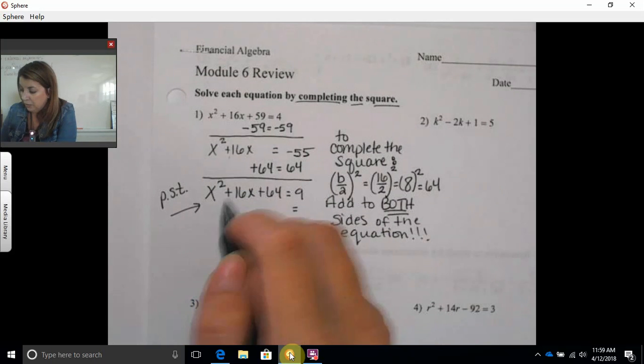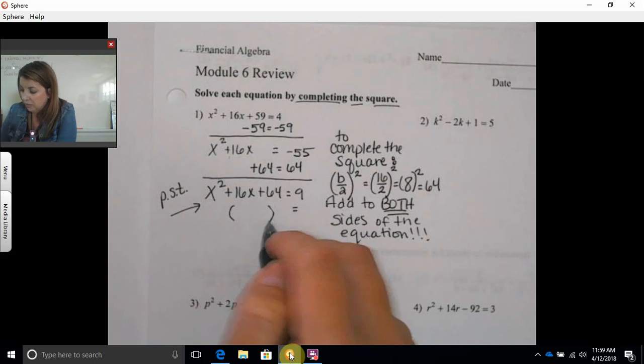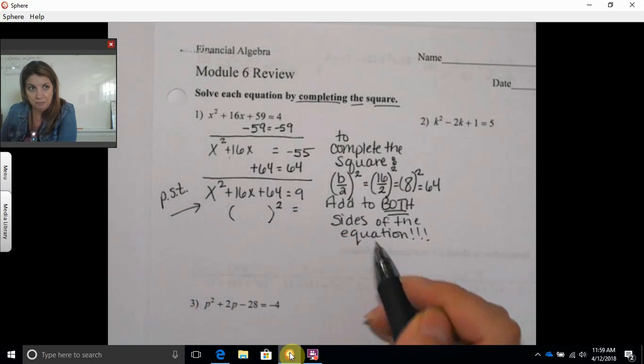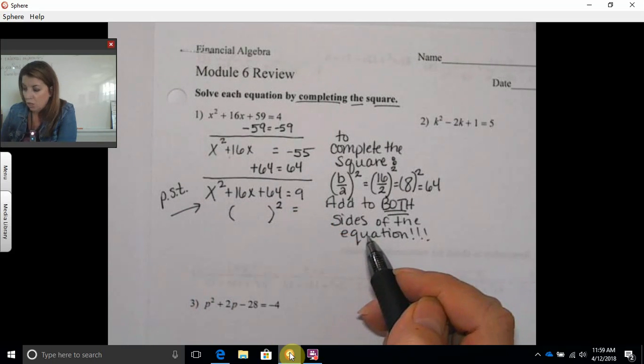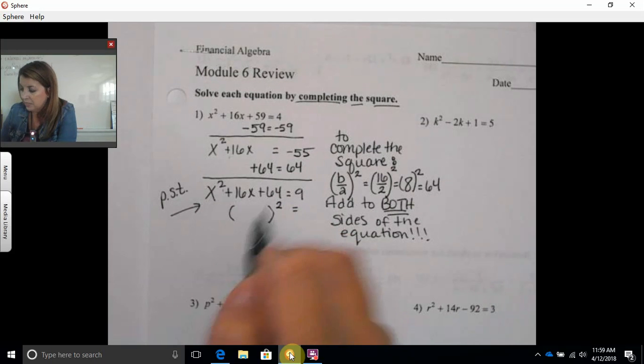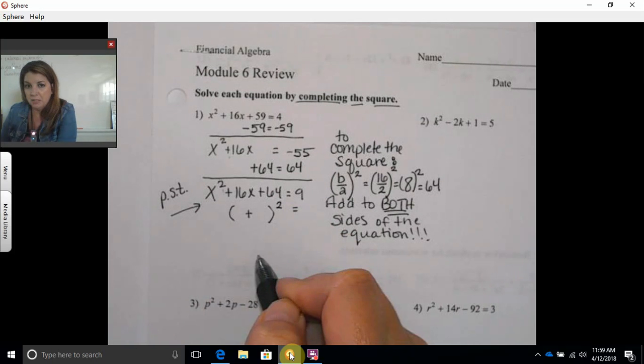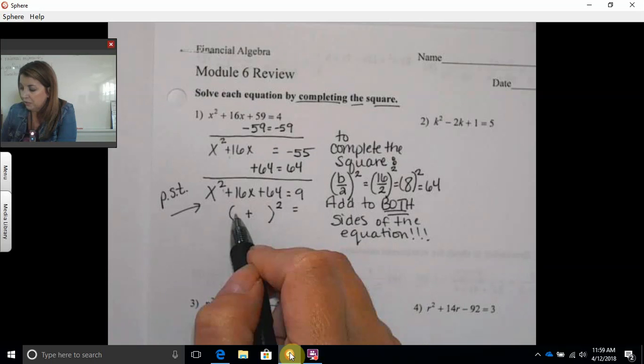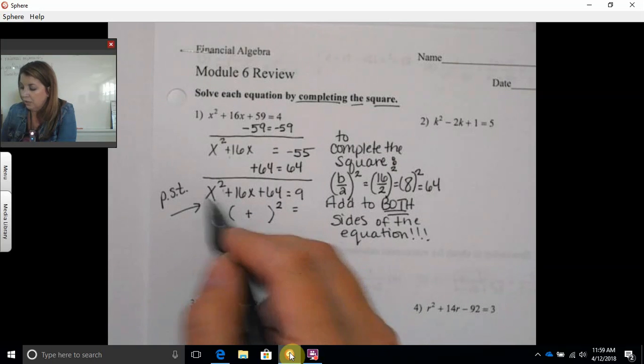To do that, you make one set of parentheses, and you have to make sure you square it. Whatever the sign of your b term is, that's the sign you put inside the parentheses. What's your first term? X, the square root of the first term.